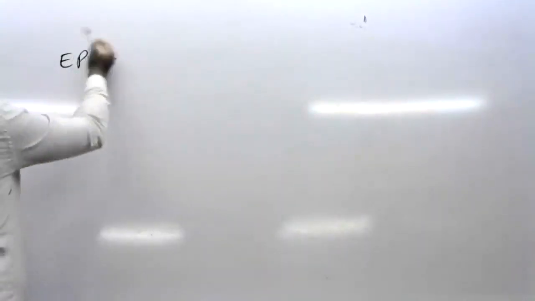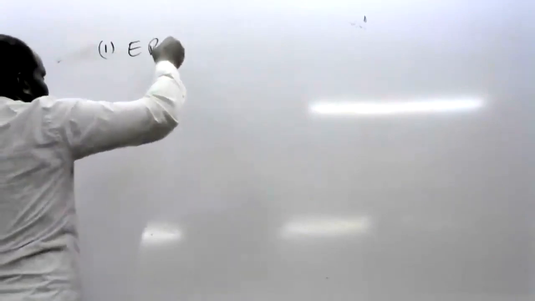So earnings per share. For this question, we shall not be using the formula that I've given you, but we use the earnings yield to get the earnings per share.